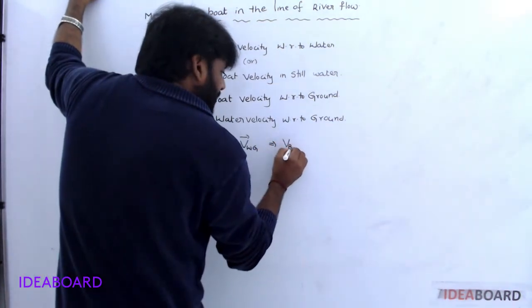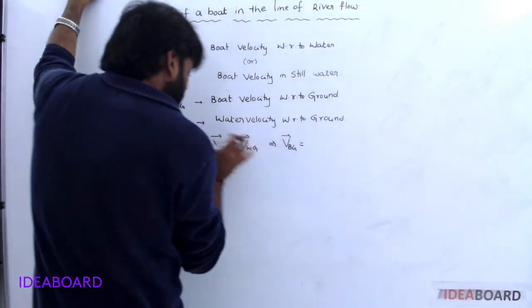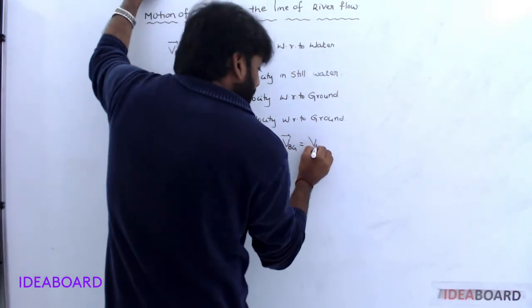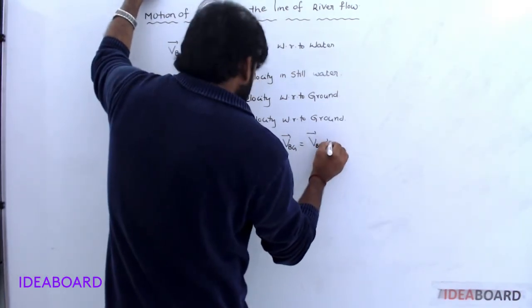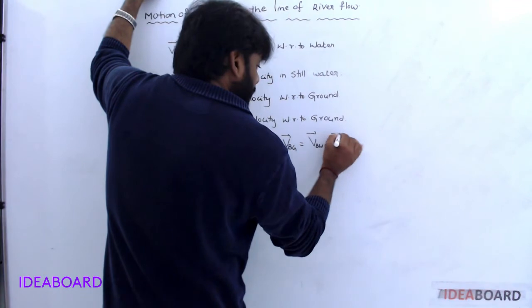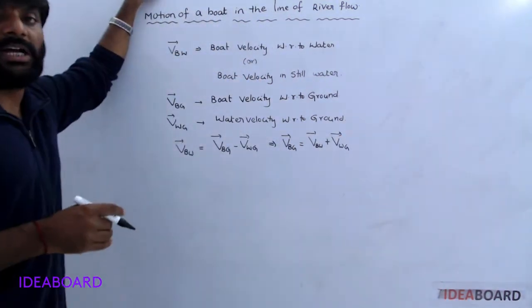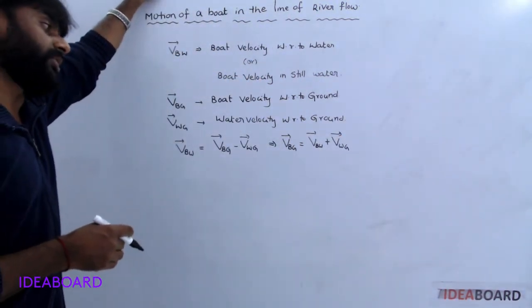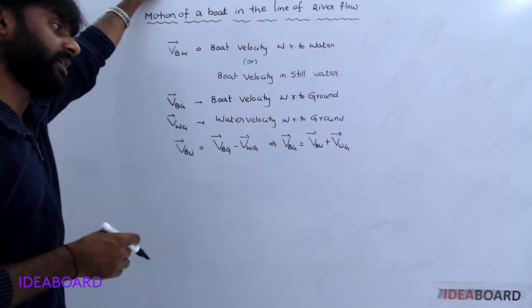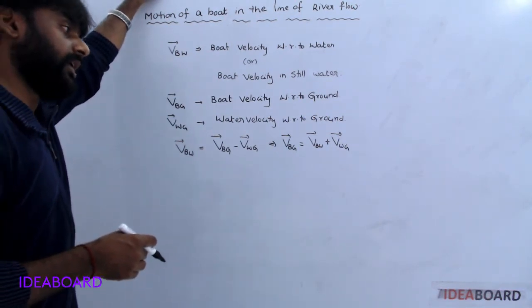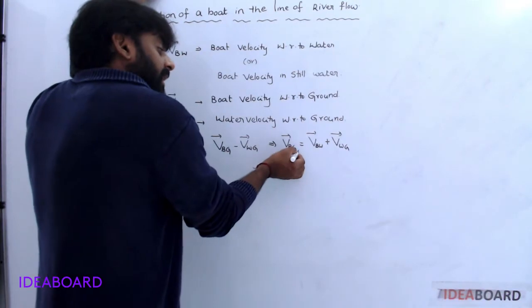Boat velocity with respect to ground is equal to boat velocity with respect to water plus water velocity with respect to ground. Understood? Why is it taken here?